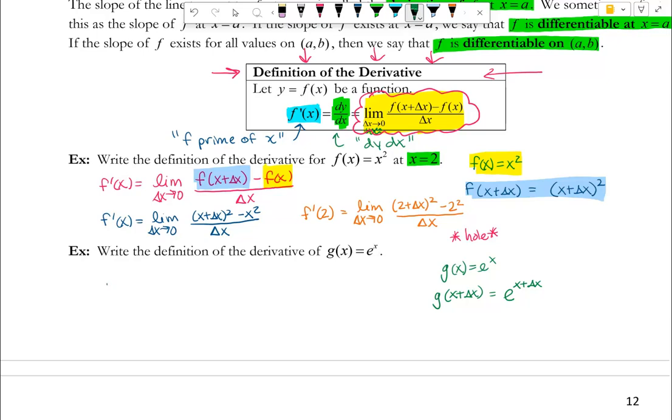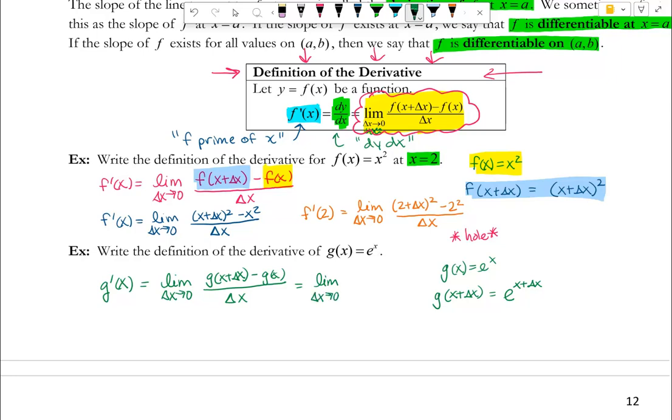So now when we find the definition of the derivative of g of x equals e to the x, again, we could call that g prime of x. That's going to be equal to the limit as delta x approaches 0 of, so normally we would have g of x plus delta x minus g of x, that quantity divided by delta x, but we want to be specific.